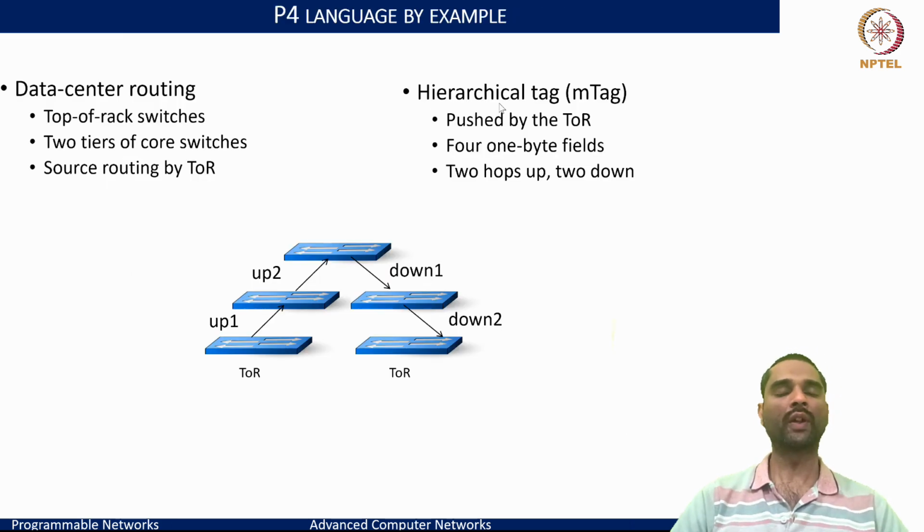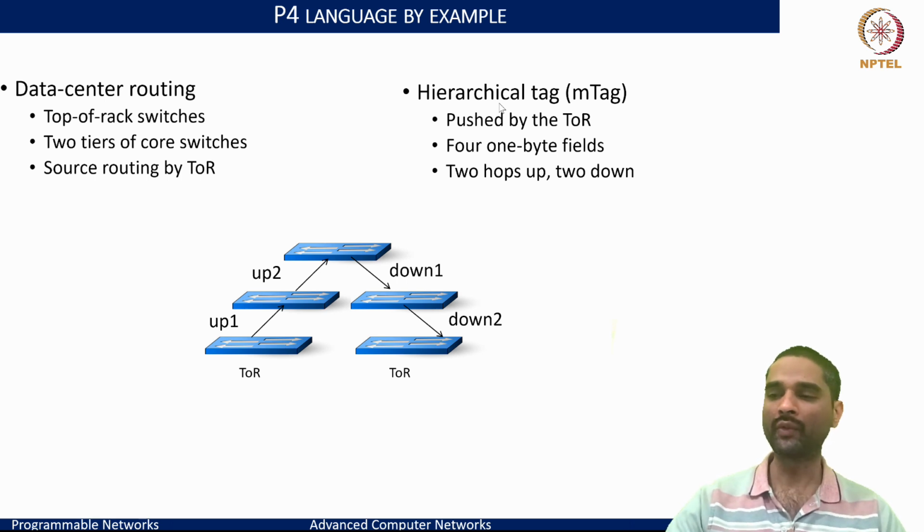So take for example a very simple data center routing where we have a very simple topology. We'll look into data centers in detail later, but consider that we have a device that is connected to this top of the rack switch here, and it would want to send a packet down to this other top of the rack switch.